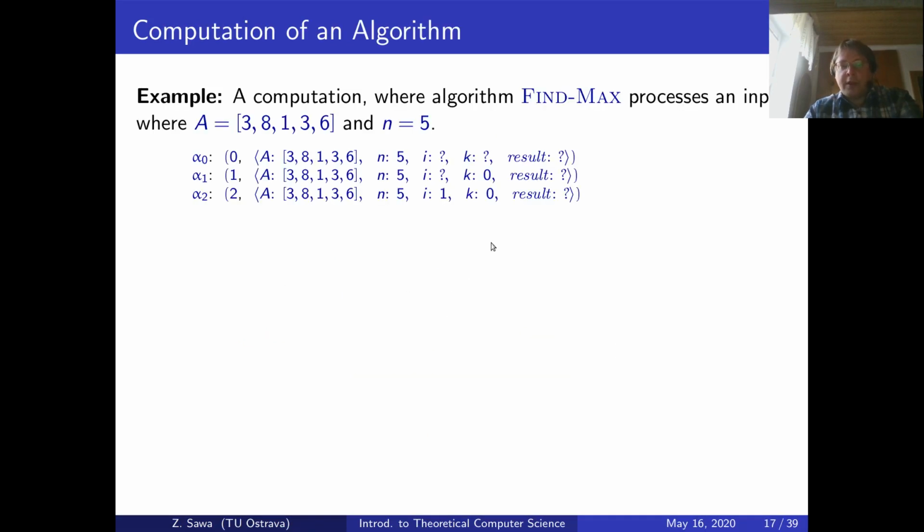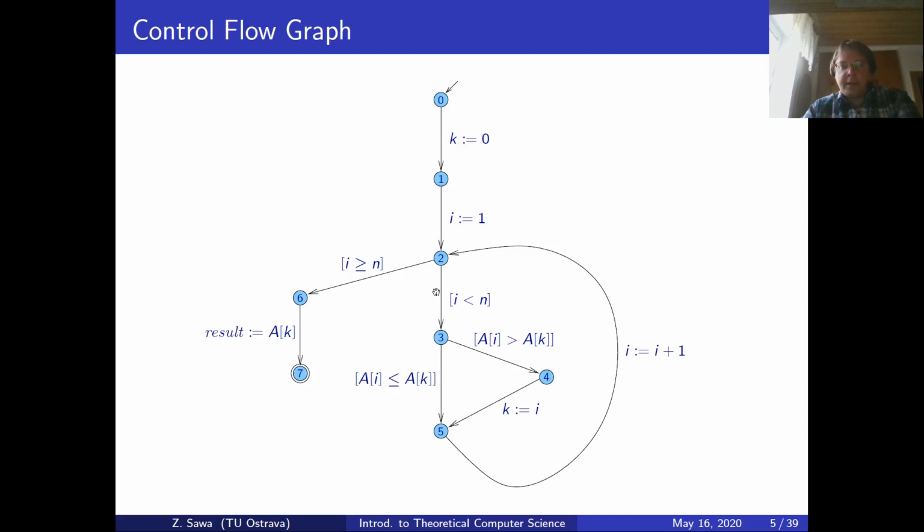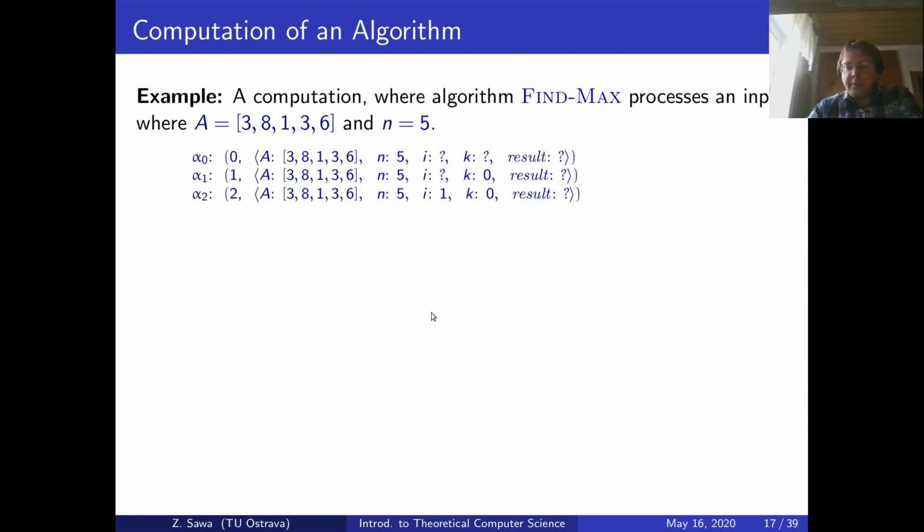So in this configuration we will evaluate the condition, and value of n is 5, value of I is 1, so I is strictly less than n, so this condition is true. So in the next configuration the content of memory remains exactly the same as before, but now the control state has been changed from state 2 to state 3.